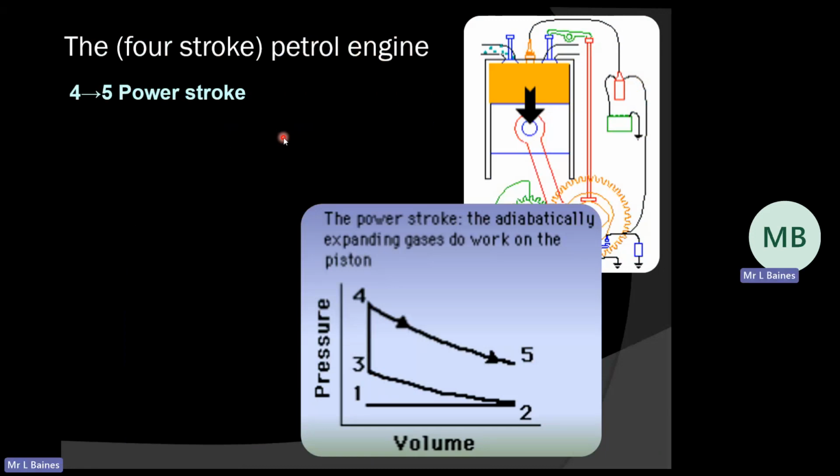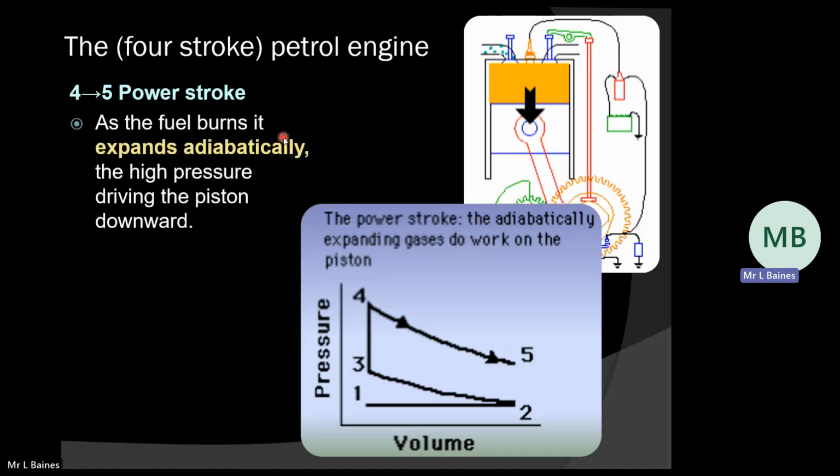Now, power stroke. Now that I have a very high temperature, high pressure gas within that cylinder, it's going to expand. We've got a very high pressure pushing down on this piston, and the fuel and air mixture is going to expand adiabatically. So the high pressure forces that piston downwards.